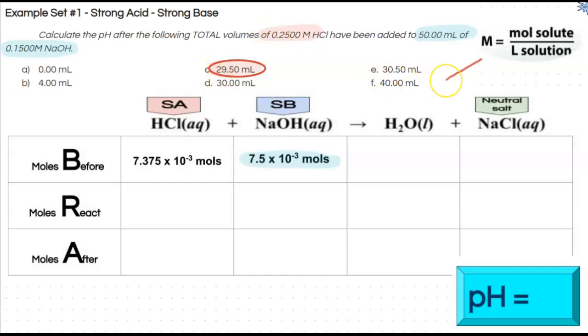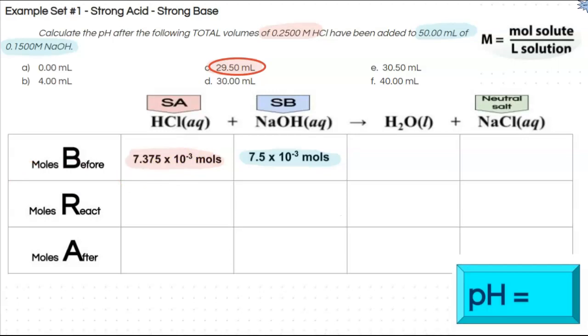Again, using the molarity equation, I have solved for moles of acid, and I'm starting off with 7.35 times 10 to the negative third moles of my hydrochloric acid. Again, with our chemical equation, we are working with a 1-to-1 ratio. So because I have less moles of acid than I do of the base, my hydrochloric acid is going to remain the limiting reactant on this part of the problem.